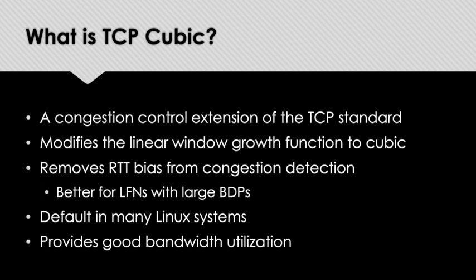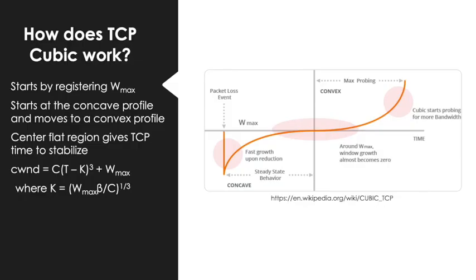For shorthand, this TCP window threshold can be defined as Wmax, and we'll see Wmax in the upcoming slides. So, how does TCP CUBIC exactly work? Well, when TCP CUBIC starts off, before any loss event occurs, it registers the congestion maximum window size, Wmax.